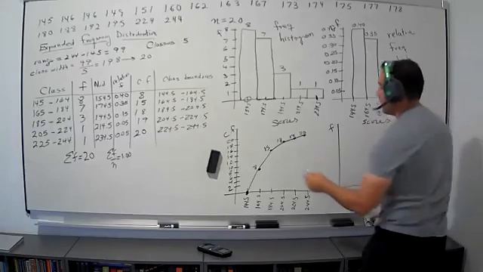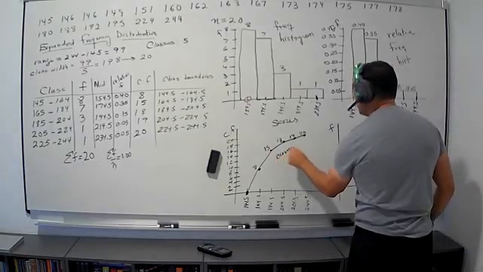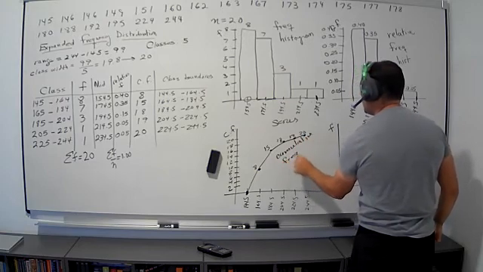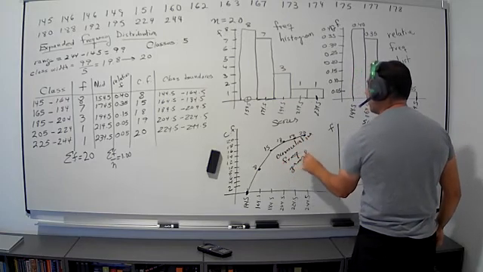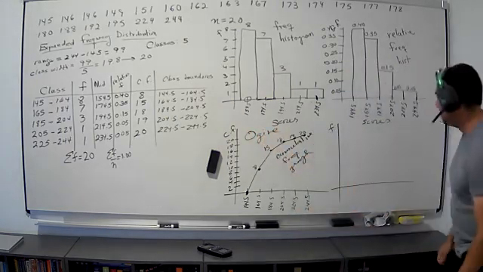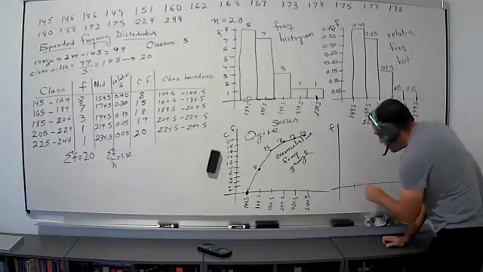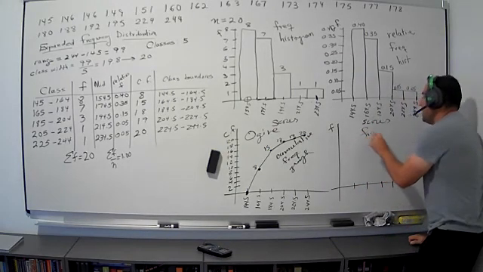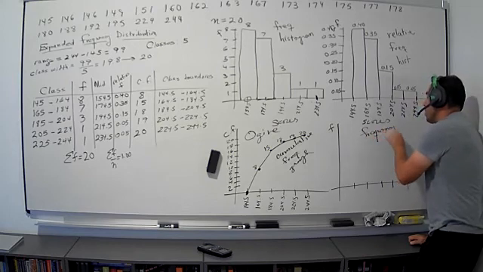This one is a cumulative frequency graph, sometimes called an ogive. Then the next one, we'll call this the frequency polygon.